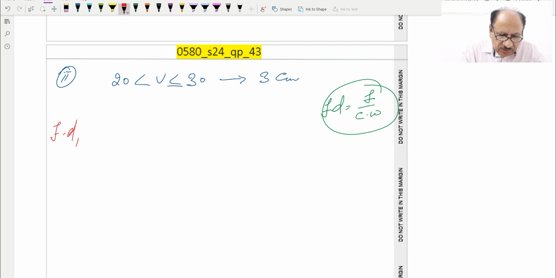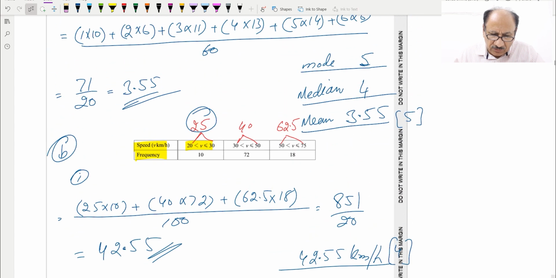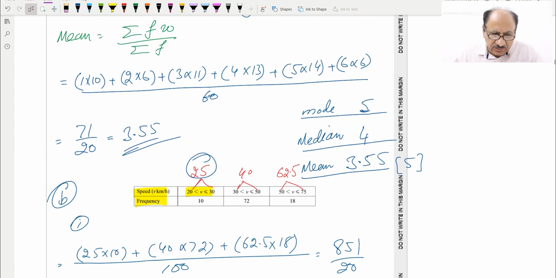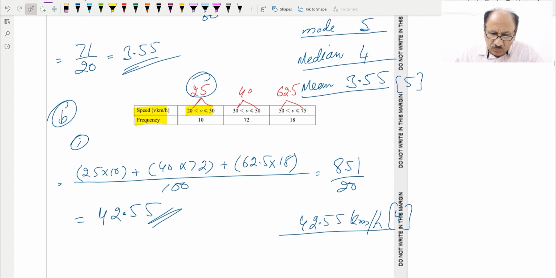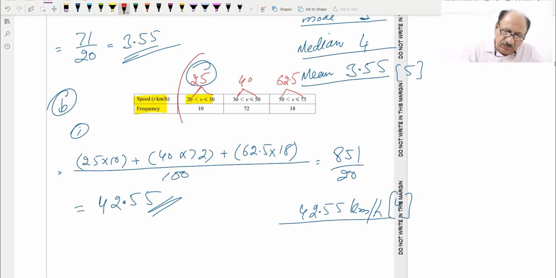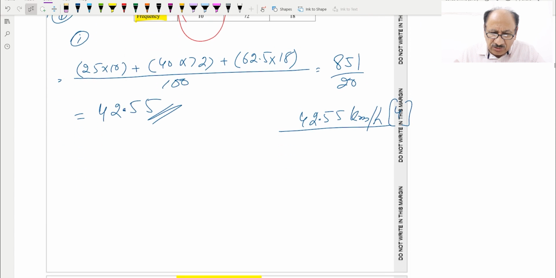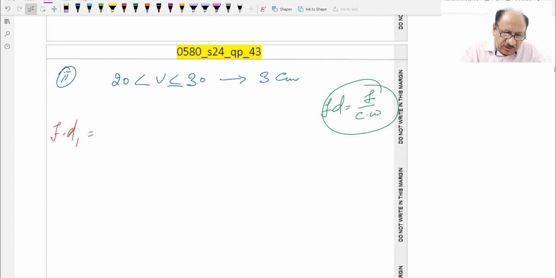For the first range, the frequency is 10 and the class width will be 30 minus 20, which is 10. So I will write here 10 over 10, which is equal to 1. So the frequency density, or height, will be 1.